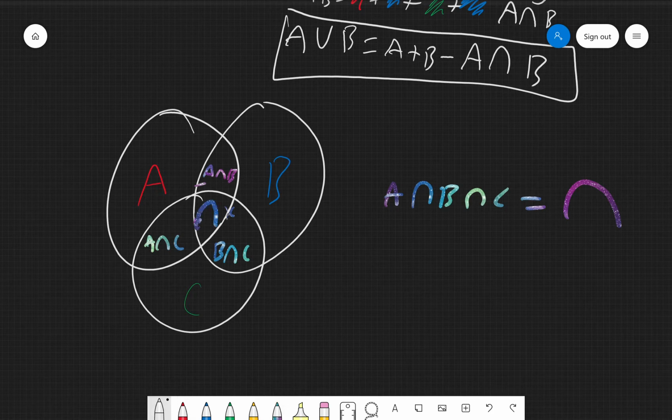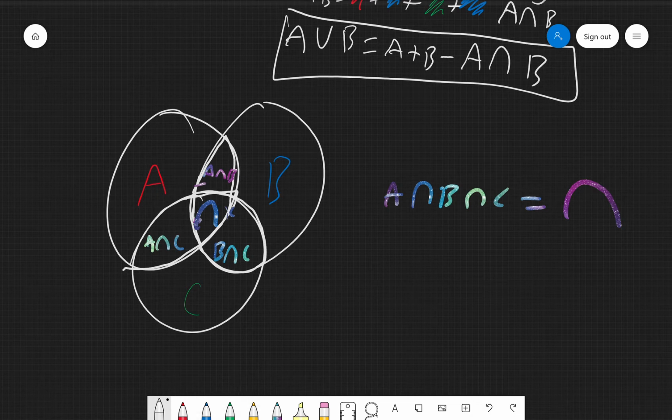Notice that this area I'm redrawing is A intersection B, this area is A intersection C, and this one is B intersection C. These areas aren't purely those intersections, because we also have to account for the extra intersection.